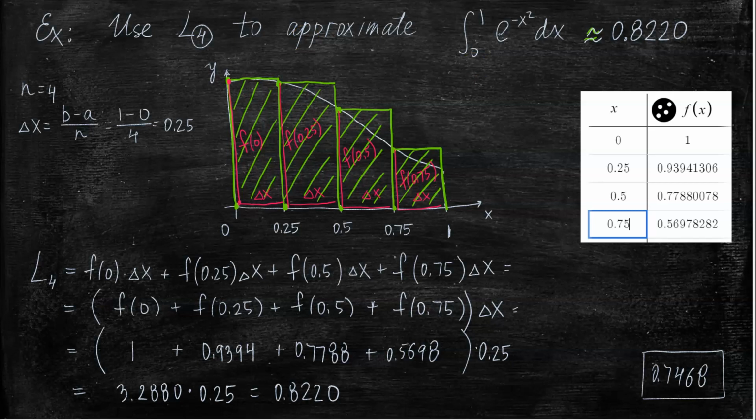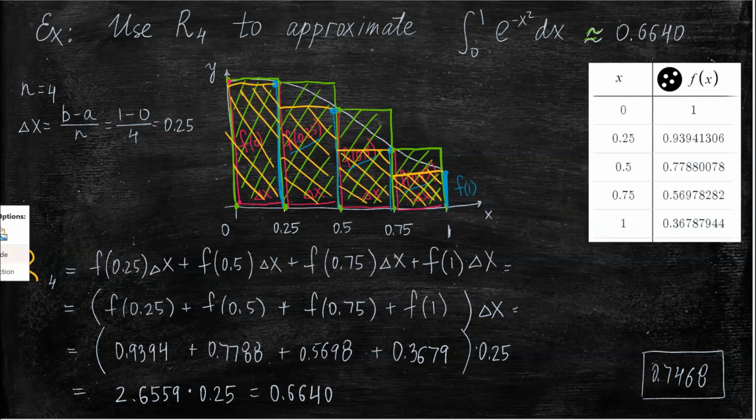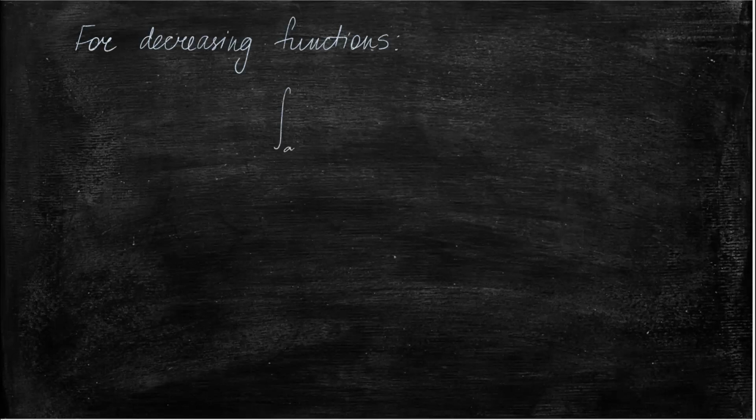Now let's make a few observations before we move on. We can easily observe that for decreasing functions, such as the one that we had, the actual integral is always going to be less than the left endpoint approximation and greater than the right endpoint approximation.